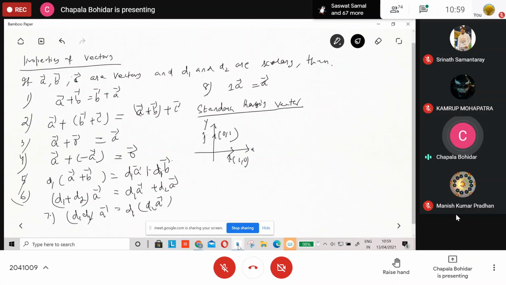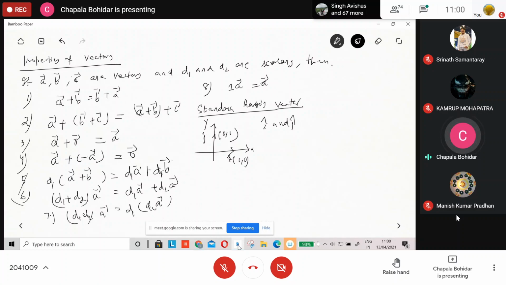The vectors i cap and j cap are the standard basis of the two-dimensional plane.